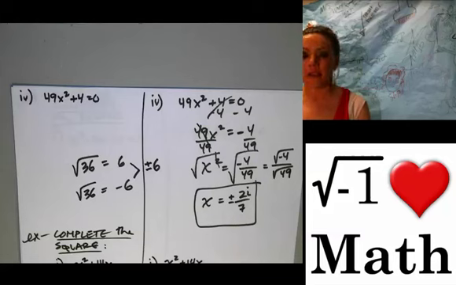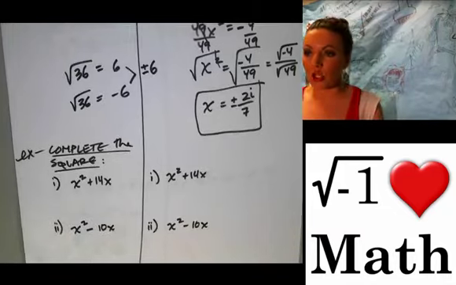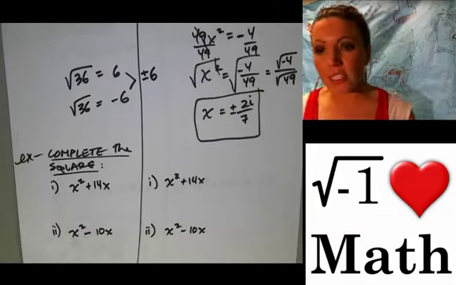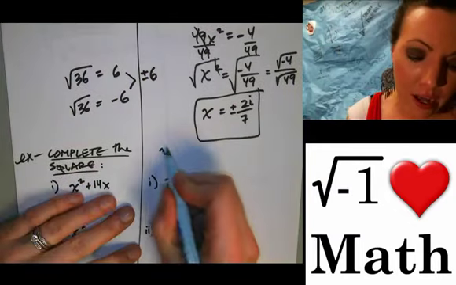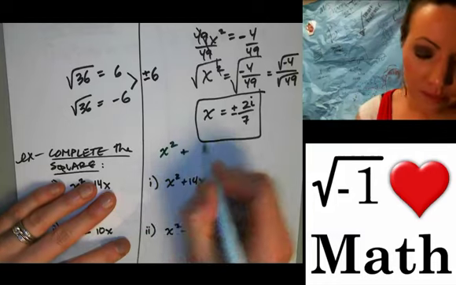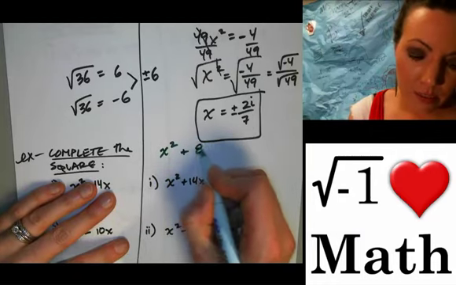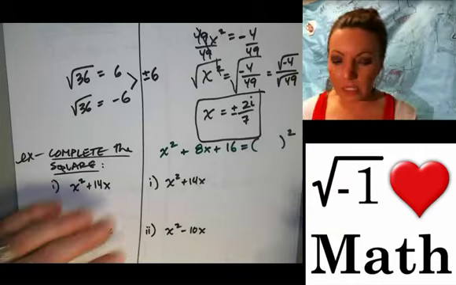All right, so let's move on to the next topic, which is completing the square. Let's just take a trip back to factoring perfect square trinomials. So if I, let's do this, x squared plus 8x plus 16. Does anybody remember what that is squared?